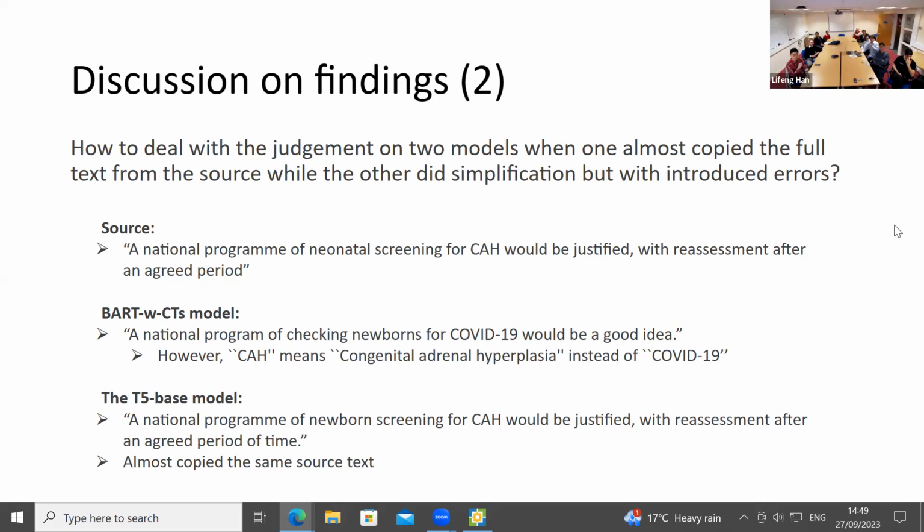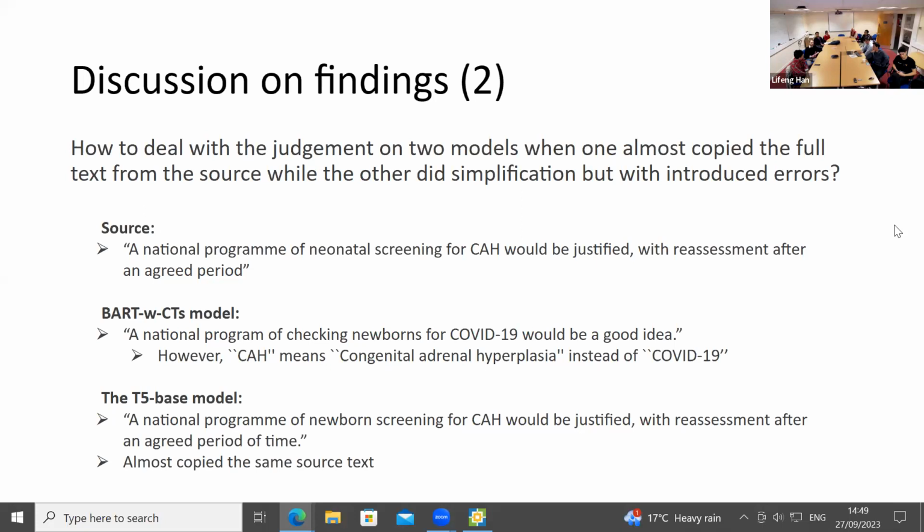Here, BART is talking about COVID-19, while CAH doesn't really mean COVID-19. It means congenital adrenal hyperplasia. So it's introducing some errors. But T5, on the other hand, just creates almost a copy of the input text. So in this case, we would have a problem when doing evaluation, because one keeps the meaning and the other simplifies. Sorry, in the original abstract or simplified text, was CAH expanded?